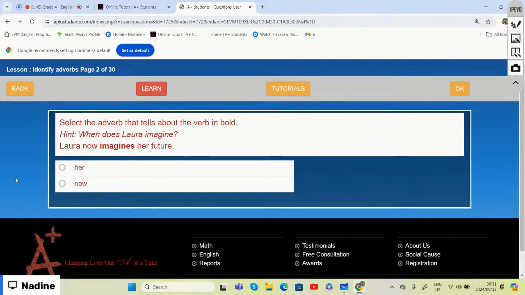So is it option 1, her, or option 2, now? Remember the hint is when. When does Laura imagine? When does she imagine? Does she imagine her, or does she imagine now? Which one is correct?